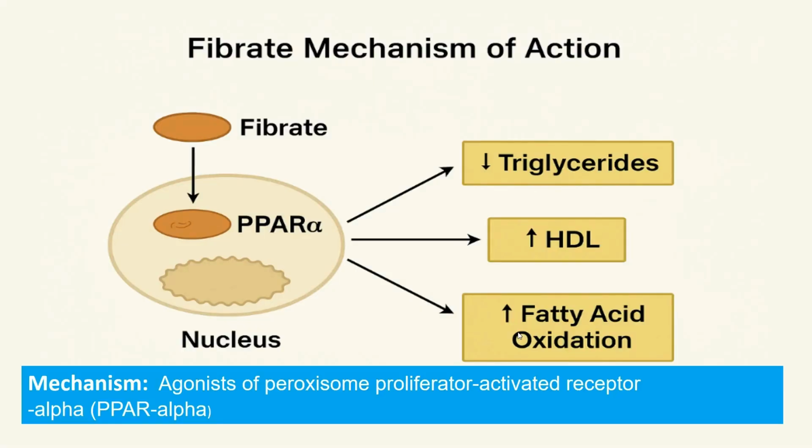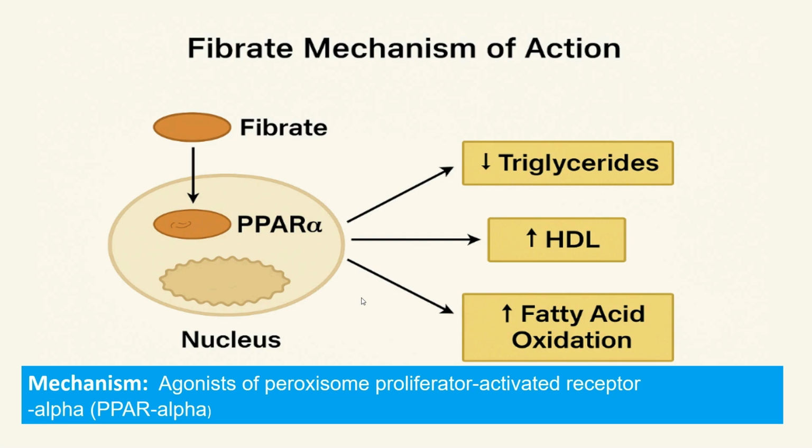So how does fenofibrate's mechanism work? Fibrates activate the peroxisome proliferator activated receptors, which are present intracellularly, and those PPAR alpha receptors help in reducing triglycerides and increasing HDL, and also break down fatty acids.